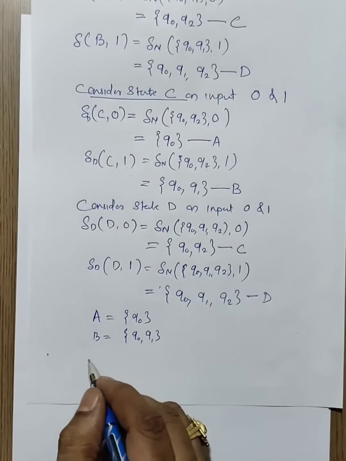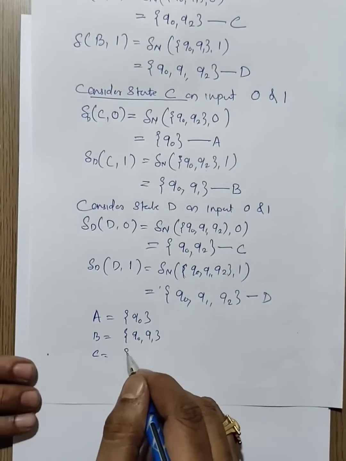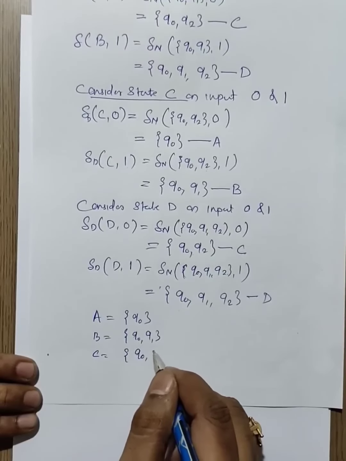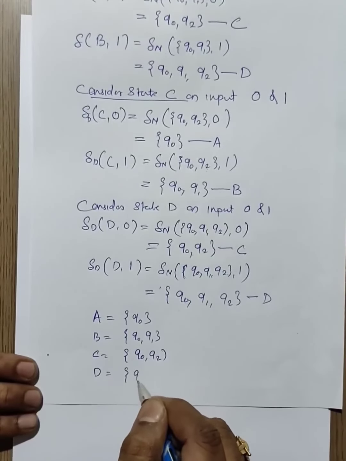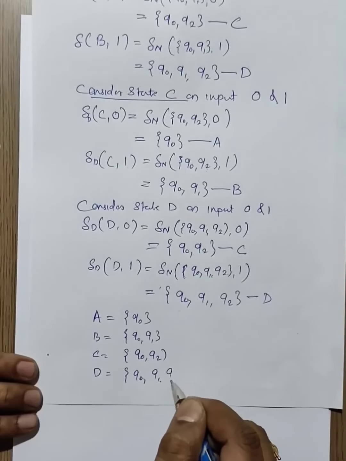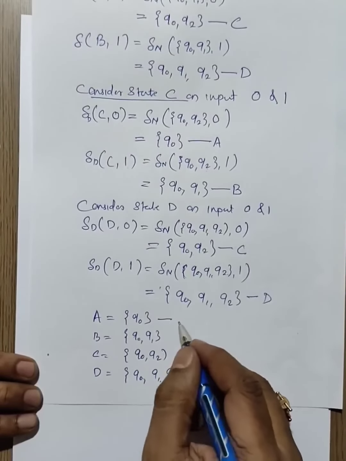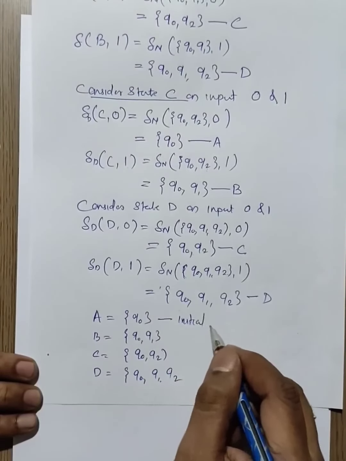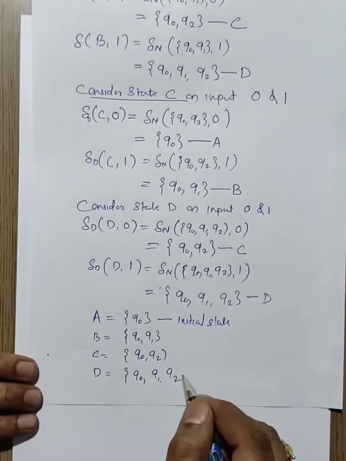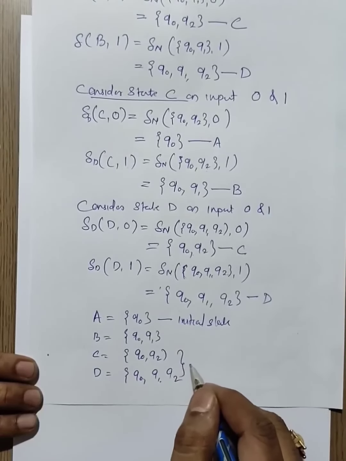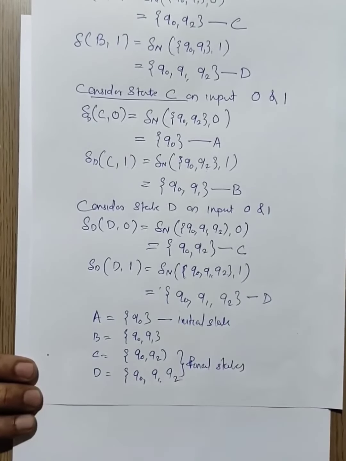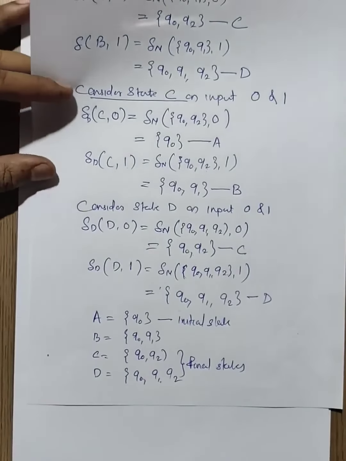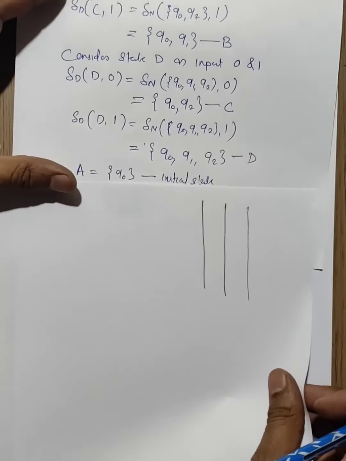C is Q0, Q2, and D equals Q0, Q1, Q2. Means this is the initial state, and C and D are final states. Then construct the transition table from this.